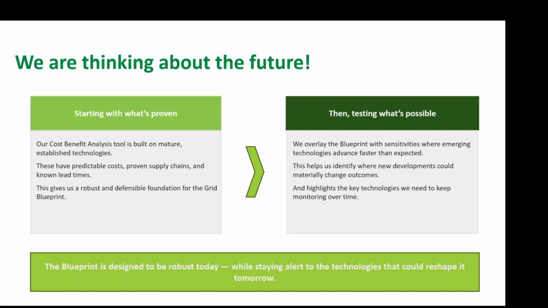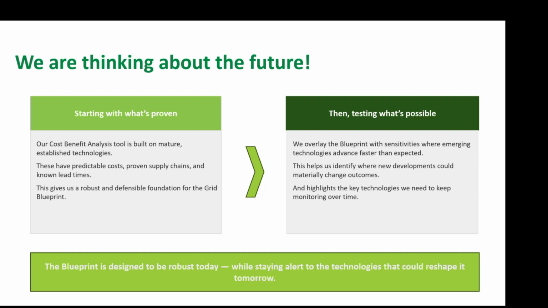So that's the second step, where we overlay that blueprint with sensitivities where we consider what would happen if technologies advance faster than expected, and whether or not those technologies could be used within the blueprint. So it helps us to identify where new developments could materially change outcomes in the blueprint, and highlights the key technologies that we need to keep monitoring over time as part of that blueprint.